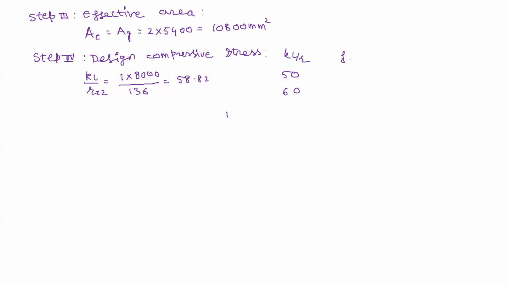Then we have values 50 and 60 for KL upon R. Against FCD, we have 183, 168. And we can find FCD from this, that is equal to 183 minus (183 minus 168) divided by the difference of 10, in bracket 58.82 minus 50.